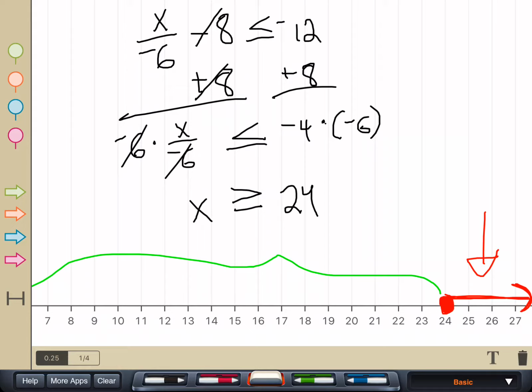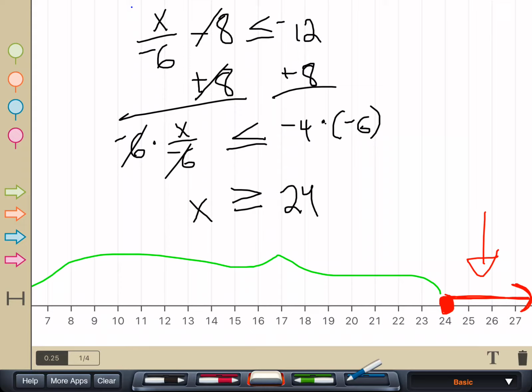And we're going to go back up here and say, actually, let's go with 18. If I have 18 for x divided by -6, that's -3. And if I subtract 8 from that, -3 minus 8 is -11, and -11 is not less than, whoa, I think I just messed up here. Let me think this through again.